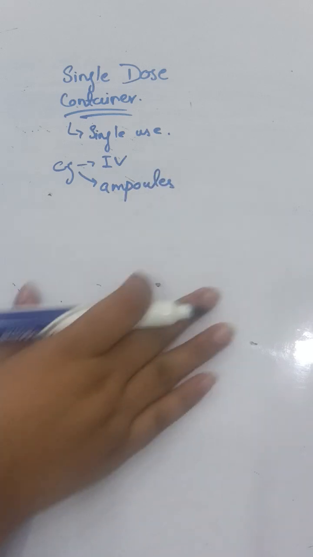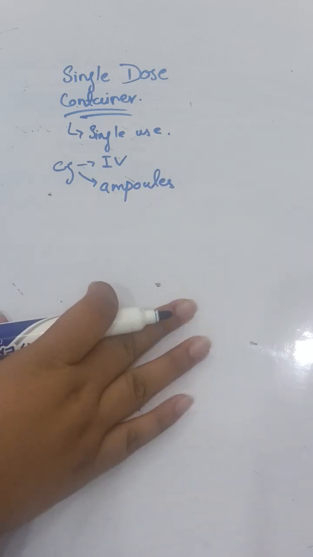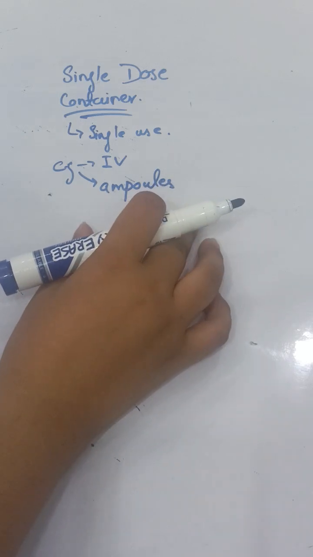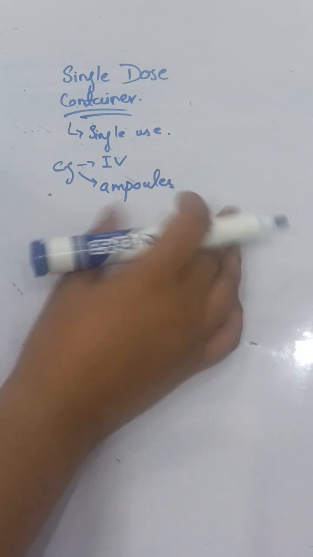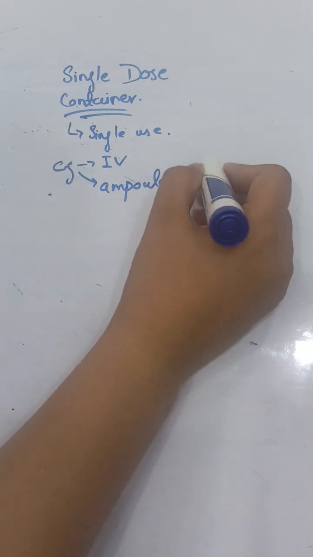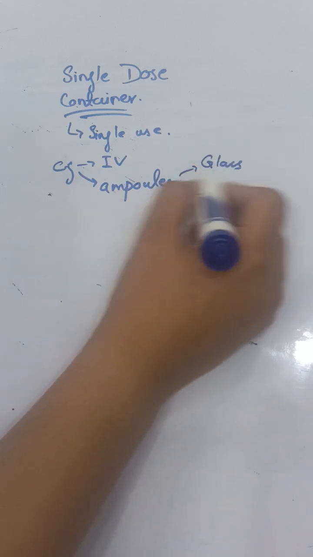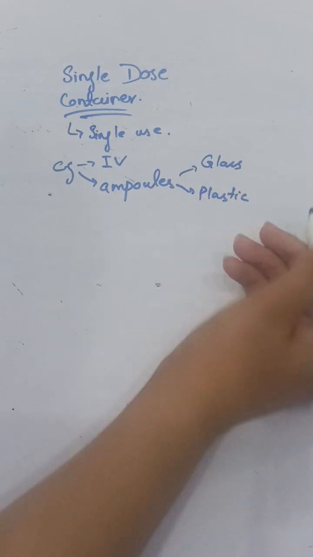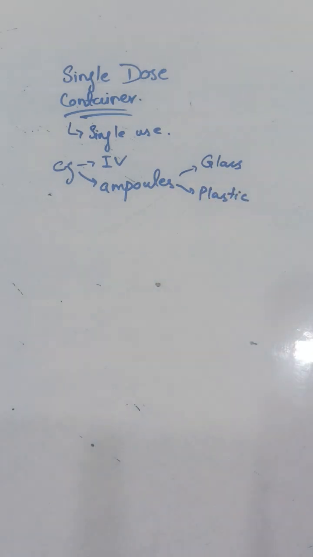Other thing that you can add in it, yes, ampules. Ampules are for single use, containing the dose for one time. They have a dose that can be used at a single time, and should not be taken again and again. They can be made of glass or plastic as well, depending upon the type of drug.